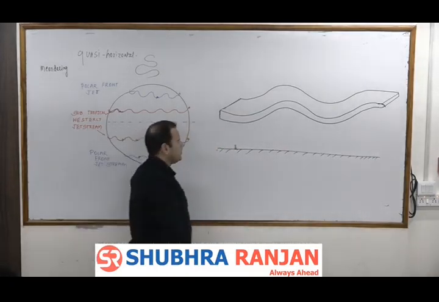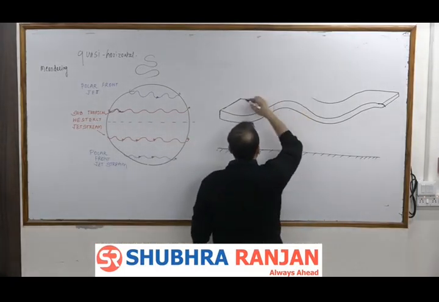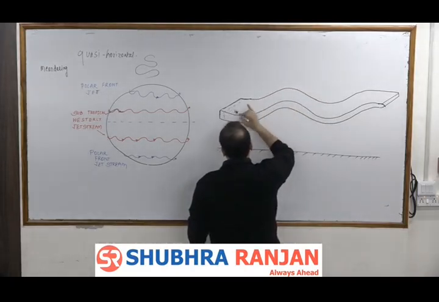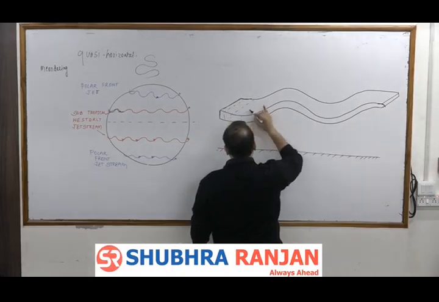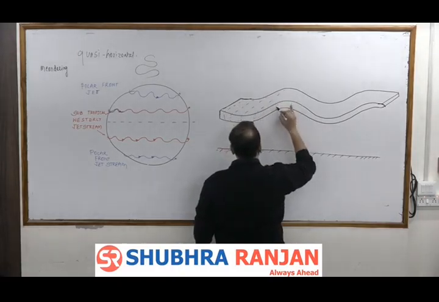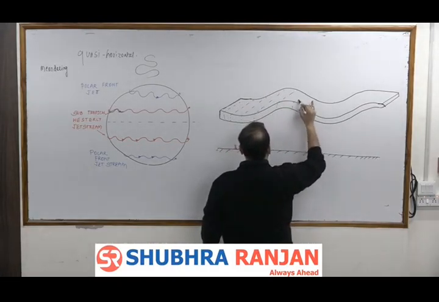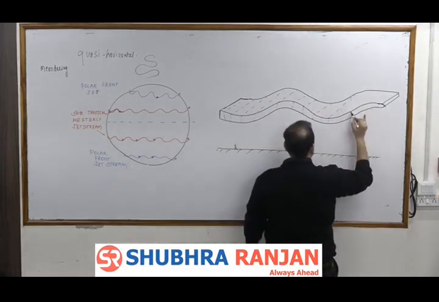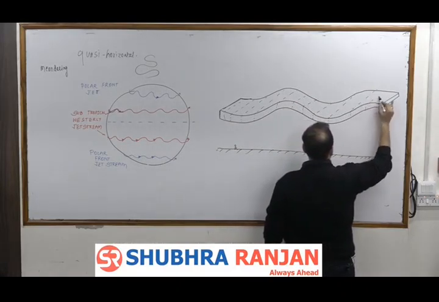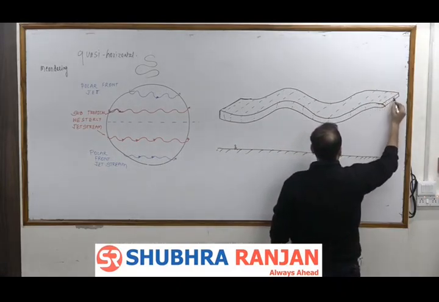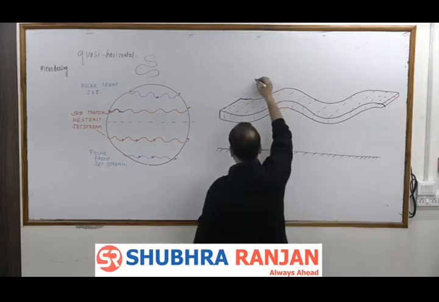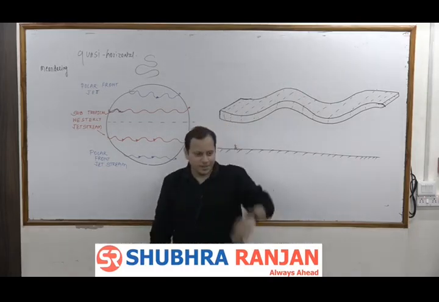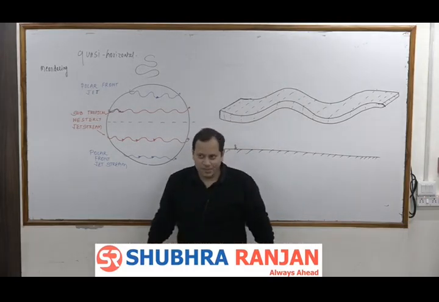Jet streams extend for thousands of kilometers in length, hundreds of kilometers in breadth, and a few kilometers, 6 to 7 kilometers, in depth.